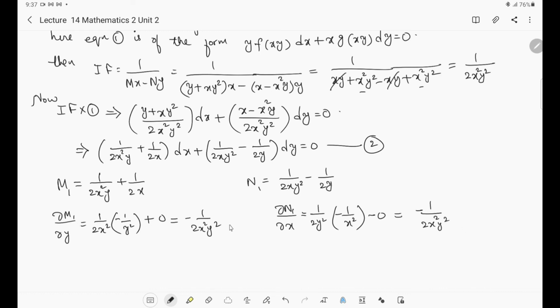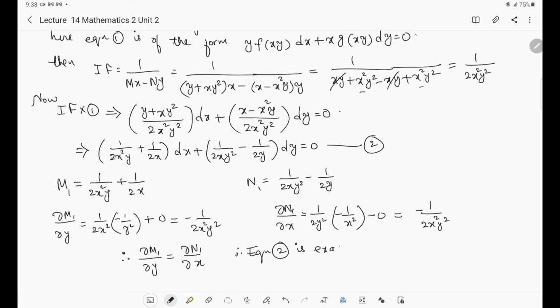Dou m1 by dou y is minus 1 by 2x square y square, and dou n1 by dou x is also minus 1 by 2x square y square. Therefore dou m1 by dou y is equal to dou n1 by dou x, they are equal. Therefore equation 2 is exact.